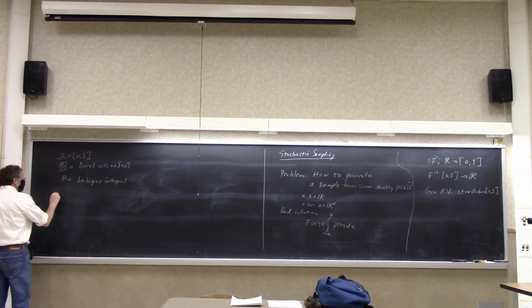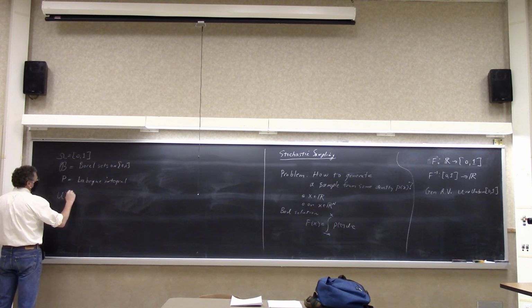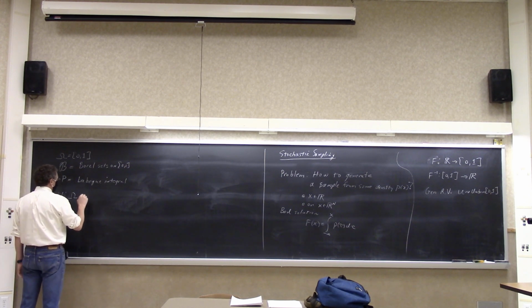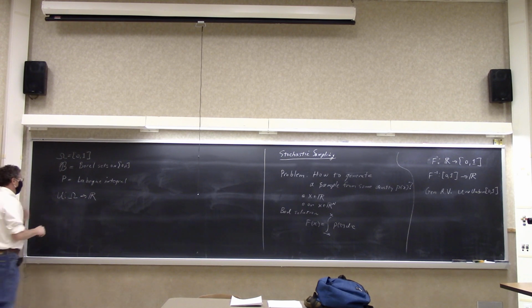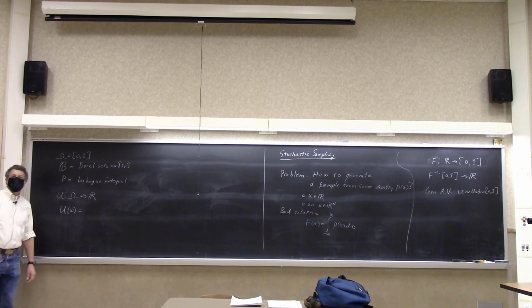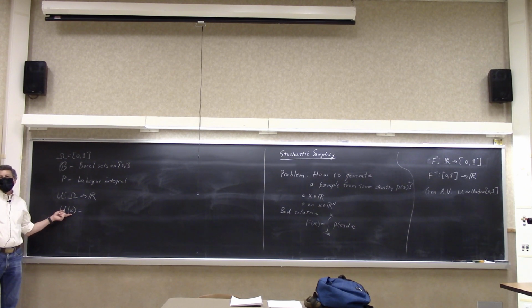And then the random variable U is a mapping from omega to R, and U of omega equals what? What do you think U of omega equals? At this point, you're completely confused, I'm sure, but it's so stupidly simple.